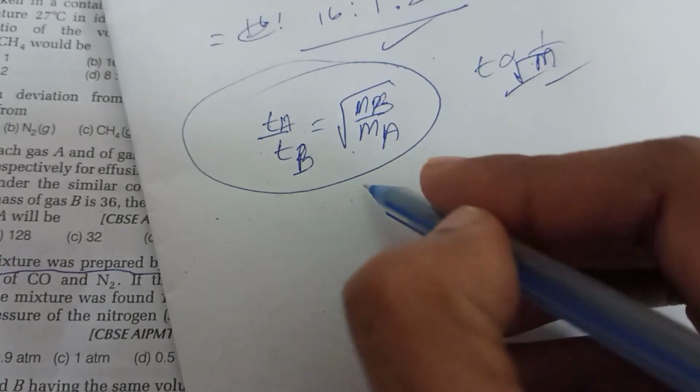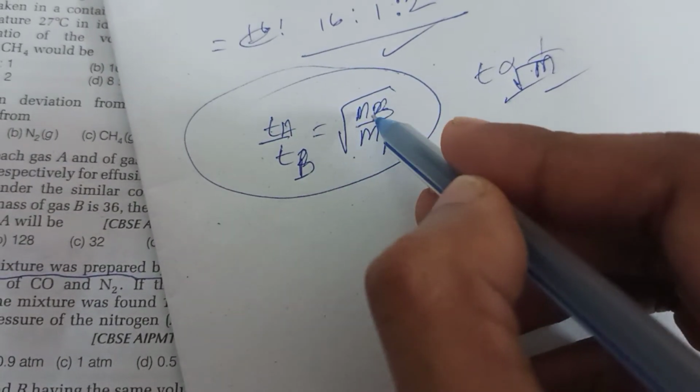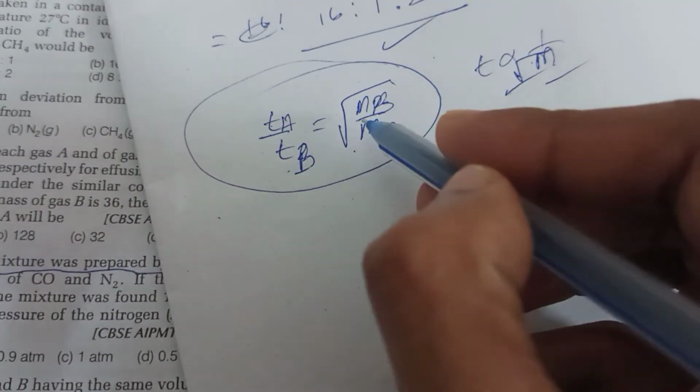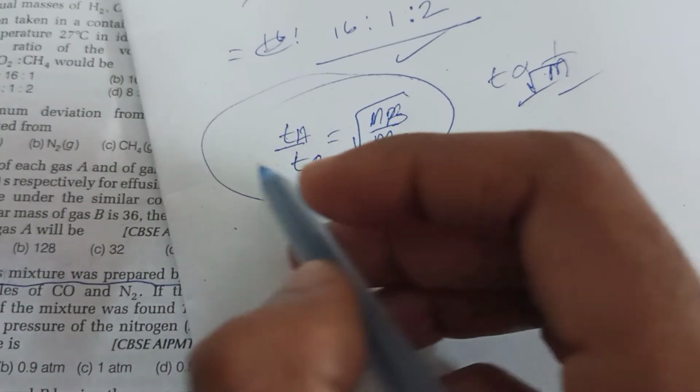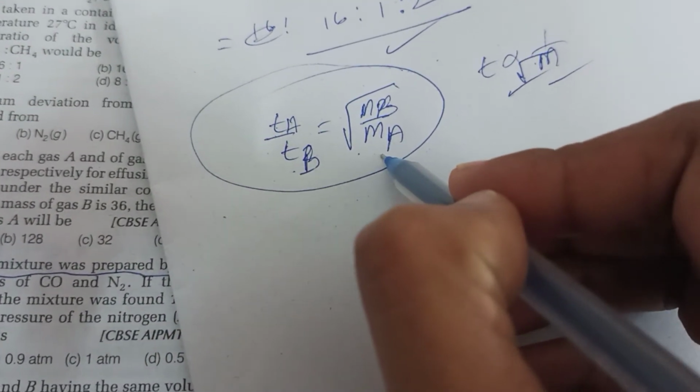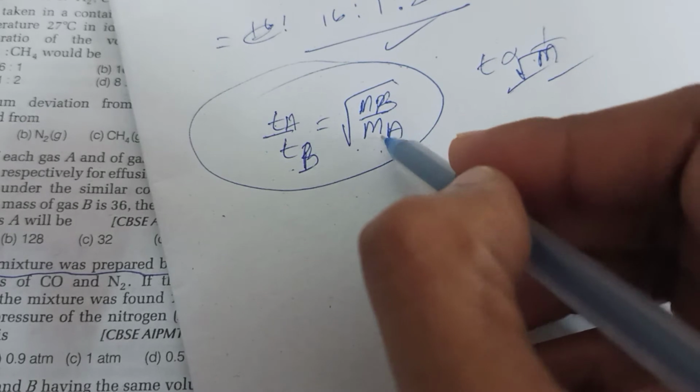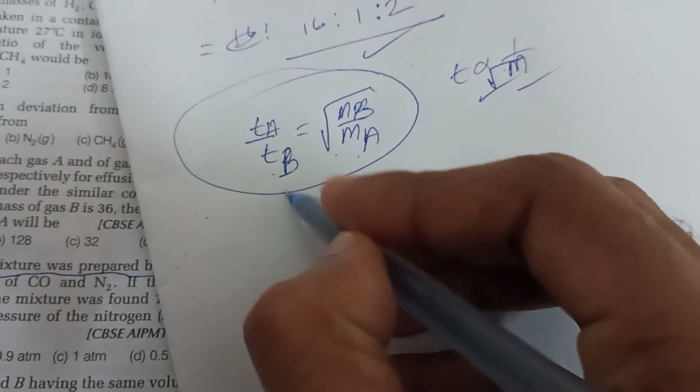Here TA and TB and MB values are given, and we can find the MA value. Now put these values.